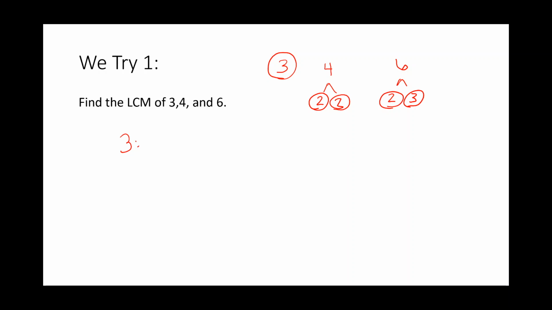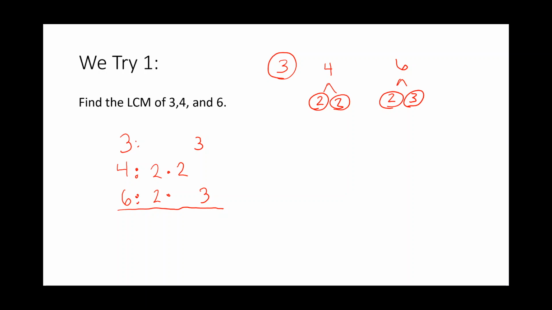So I make a table with a 3 row, a 4 row, and a 6 row, and I put in all of their prime factors. 4 is 2 times 2, 6 is 2 times 3, and 3 is just 3. I throw them all together.